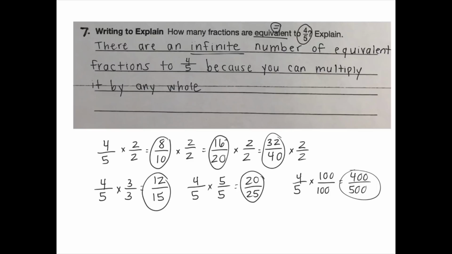So that means you can multiply it by 2 over 2 as many times as you want, or you can multiply it by 3 over 3, or 5 over 5, or 100 over 100, or whatever else you can think of. But you can multiply it by any whole to get an equivalent fraction.